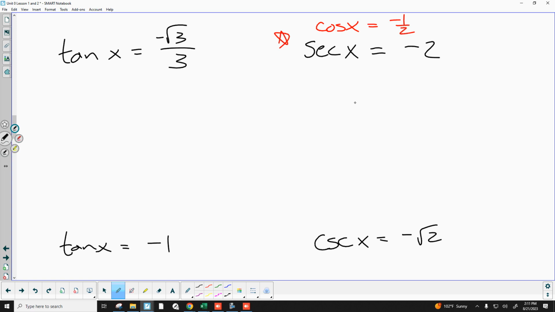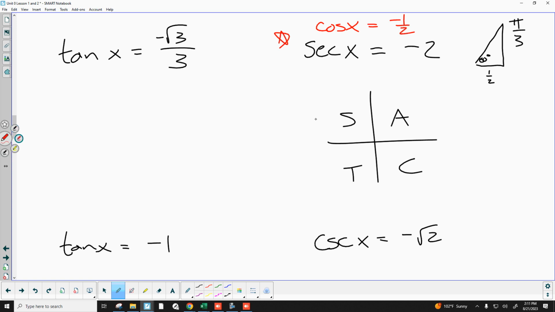Start with my triangle. My tall 30, 60, 90 triangle has the adjacent side of 1/2. The tall 30, 60, 90 is when my base angle is 60. That's the pi over 3. So I know I'm working in pi over 3 land. When is cosine negative? Cosine is negative in the second and third quadrants. I want the 60-degree reference angle in the second and third quadrants, or I want this pi over 3, and I want this pi over 3.